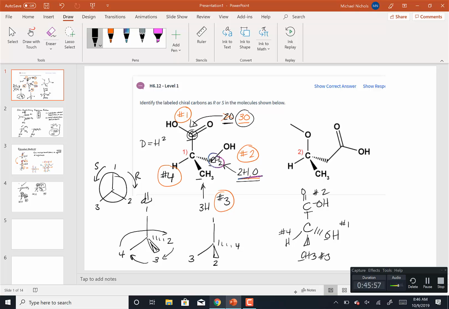And by grabbing number 1 and rotating, in essence, that's what I'm doing. So if I do that, now my 4th priority group is away from me, going from number 1 to number 2 to number 3 is clockwise, so that configuration would be R. So number 1 in this problem should be R. That should be the R configuration.